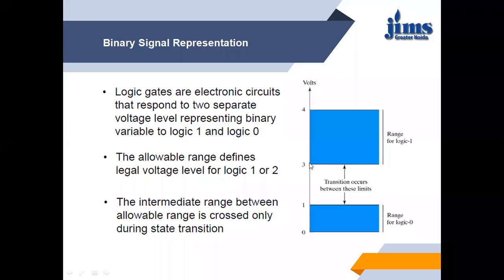So this is a range. If I say that the input or output is 3.1 or 3.9 or 3.5 volt, it will be read as logic 1. When the input or output is 0.1, 0.5, 0.9, it will be read as logic 0. And the region between logic 1 and logic 0 is called the transition period, or transition level, and it happens only when a signal goes from 1 to 0 or 0 to 1.